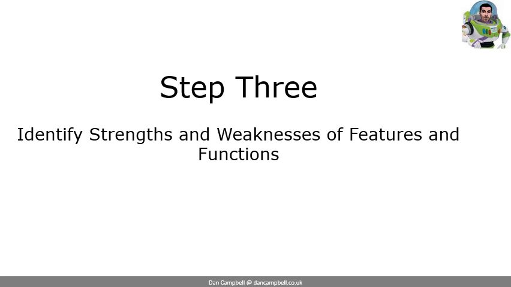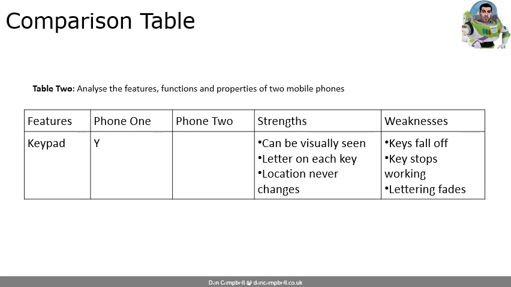Step 3 is identify the strengths and weaknesses of the features and functions. So we're moving closer towards this idea of analysis. To make life a little bit easier, I've reduced the number of features and functions on the table, but I've extended 2 additional columns, strengths and weaknesses.